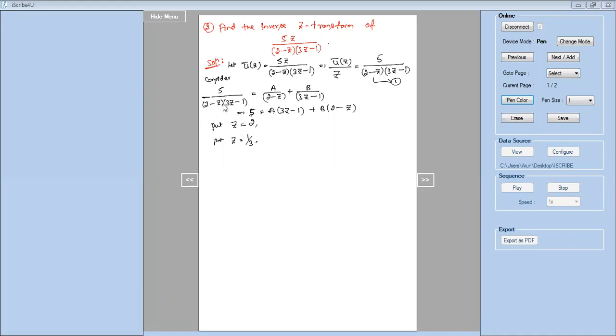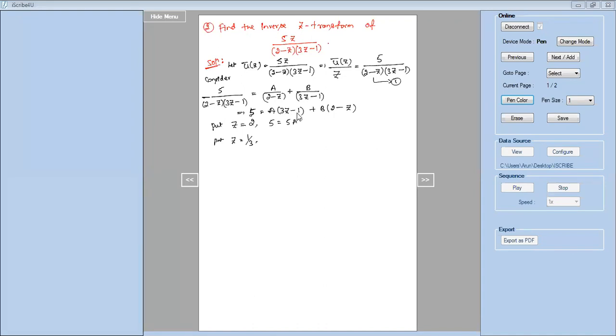So these are the two roots of this expression. z is equal to 2, z is equal to 1 by 3. Let us substitute now. First, z is equal to 2. If I put z is equal to 2 in this expression, we get 5 equals, see, this is 2 here, 3 into 2, 6, 6 minus 1, 5.